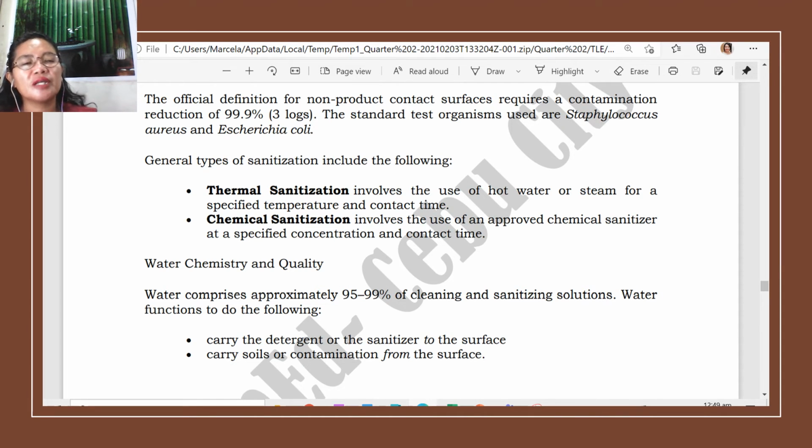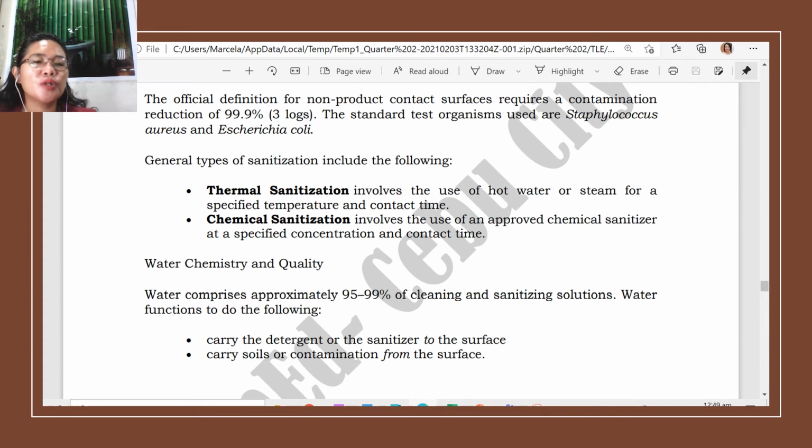Have you observed, class, sa una kung makaon mo sa Jollibee or sa McDonald's na init pa ang spoon and fork? That is thermal sanitization. Then chemical sanitization involves the use of an approved chemical sanitizer at a specific concentration and contact time. Water chemistry and quality.